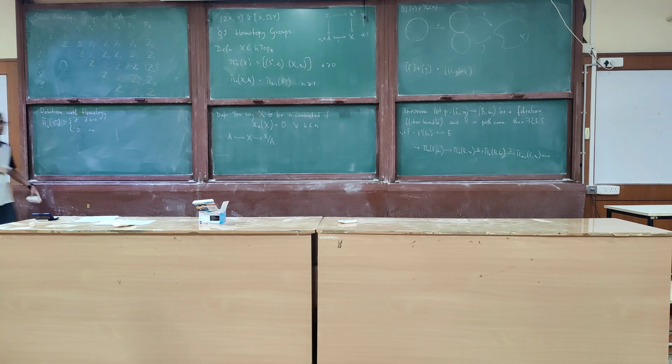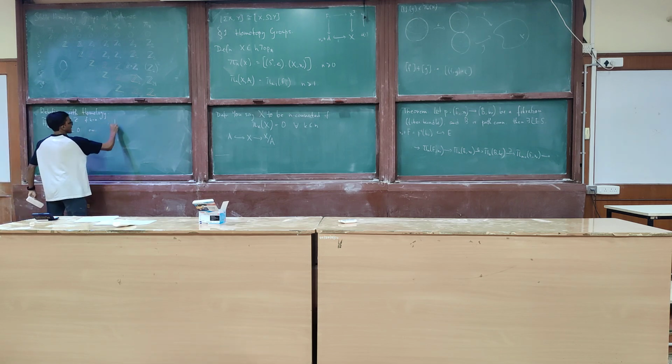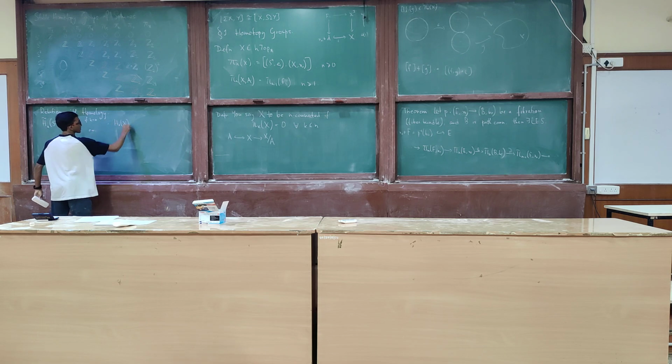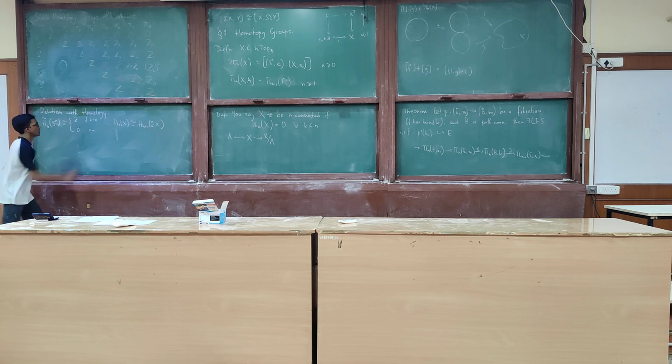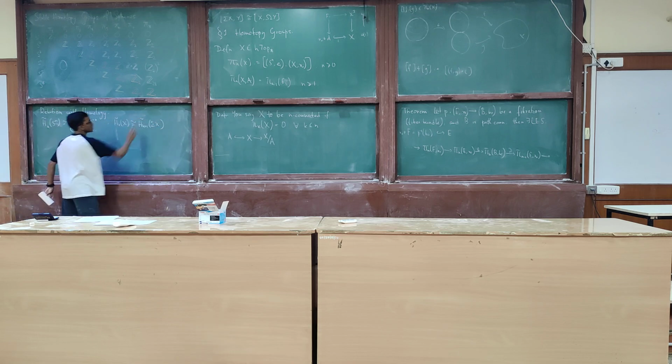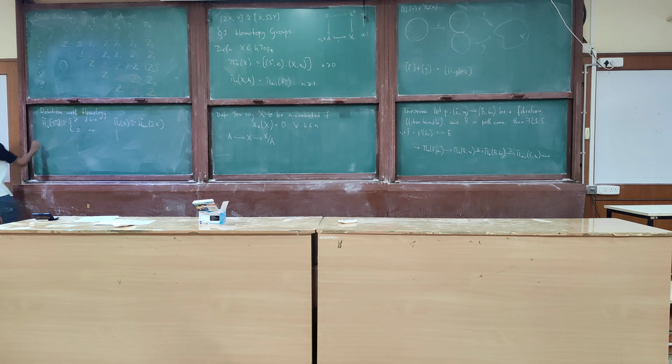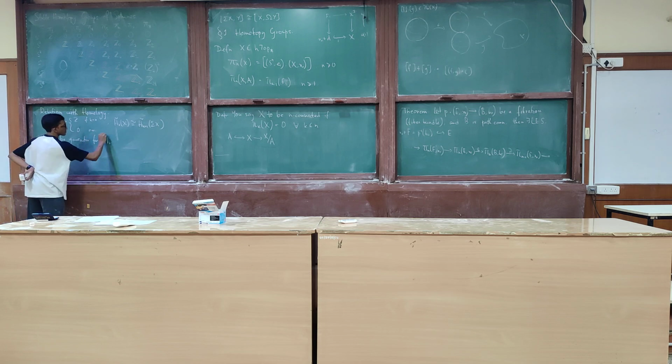And we have the suspension isomorphism: H_k of X is isomorphic to H_{k+1} of the suspension of X. So if you consider S^0, let I_0 be a generator for its homology.